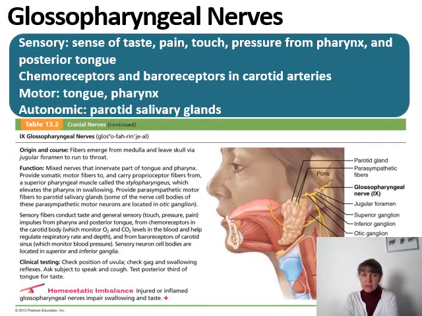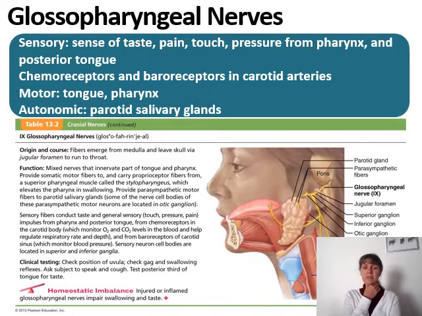Cranial nerve 9, the glossopharyngeal nerves, are going to be both sensory and motor. They're sensory for the sense of taste, pain, touch, temperature, and pressure from the pharynx and the posterior 1/3 of the tongue. There are special chemoreceptors and baroreceptors in the carotid arteries.